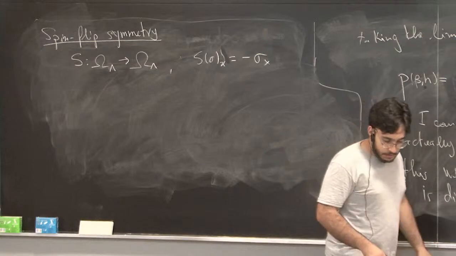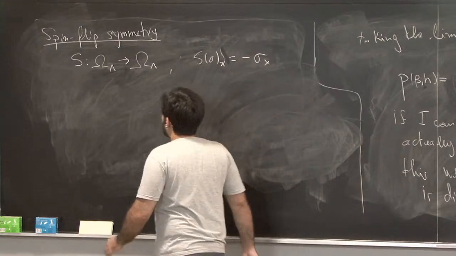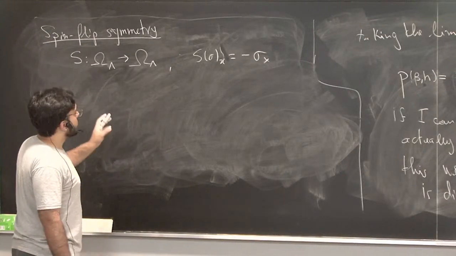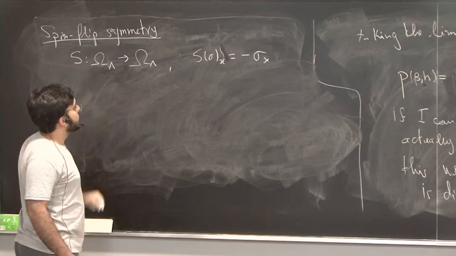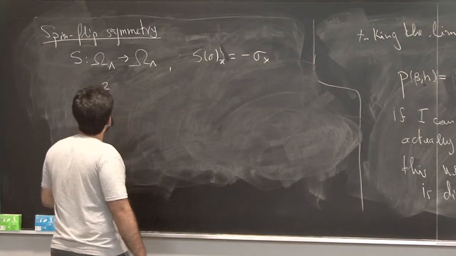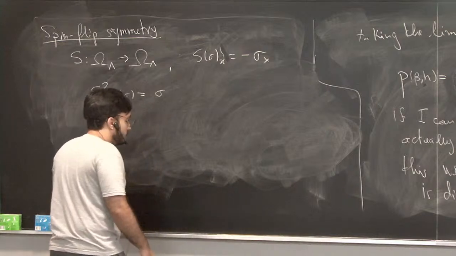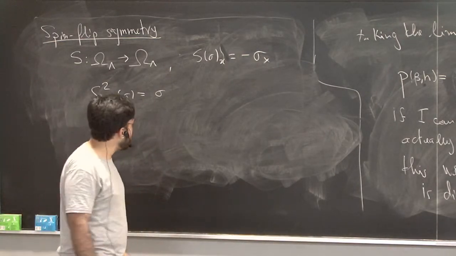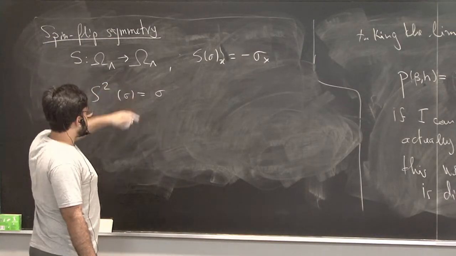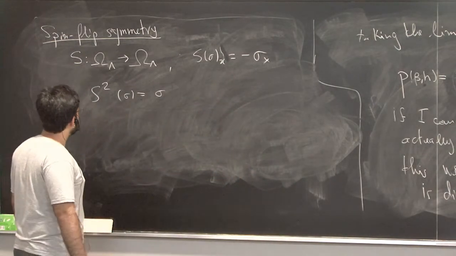Okay? First notice that this spin flip symmetry has a nice property: when I apply it twice to a configuration, I just get the same thing, I just flip it twice. And also it's actually a bijective map between the two configuration spaces.